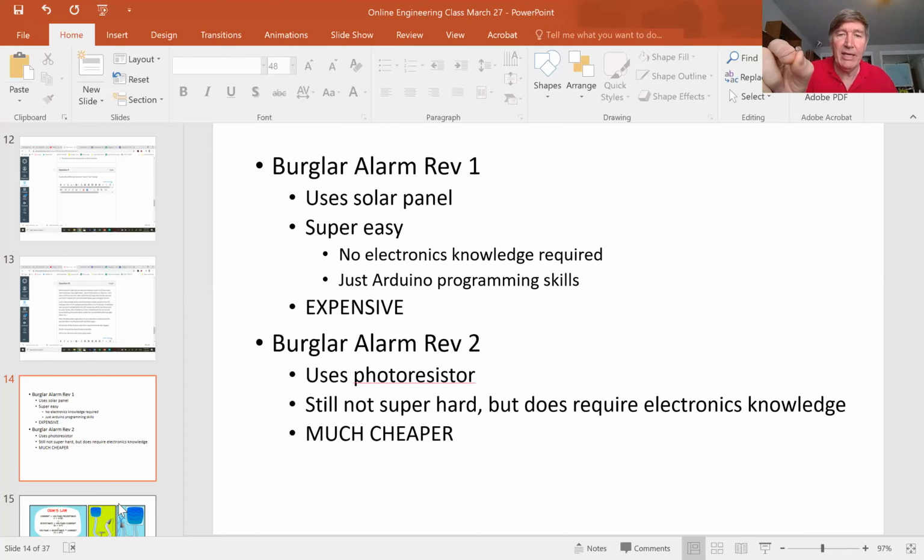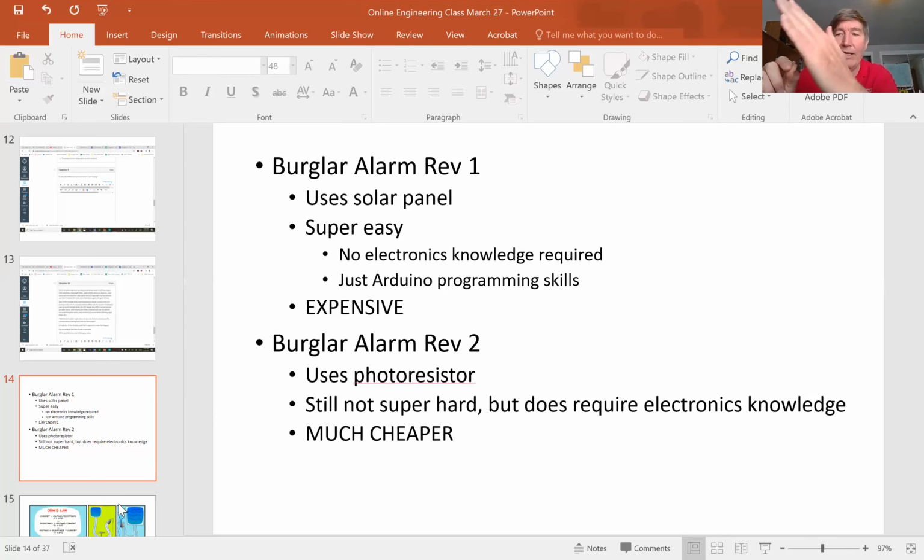This thing is a photoresistor, and what it does is it provides some resistance, but the amount of resistance that it supplies is different depending on whether there's light hitting it or not. If there's light hitting this photoresistor, then the resistance is a certain number of ohms.